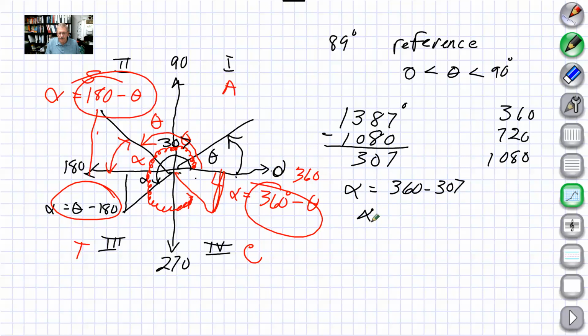Our reference angle is 53 degrees, I think. And that would be our reference angle, 53 degrees. So that's how we would calculate it.